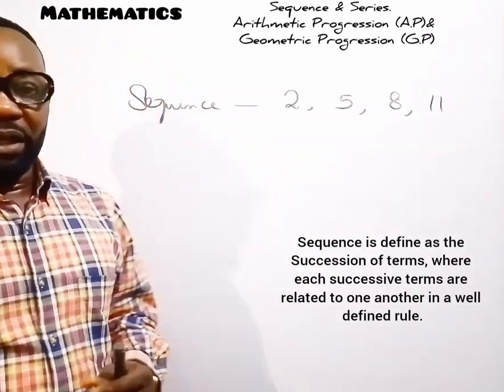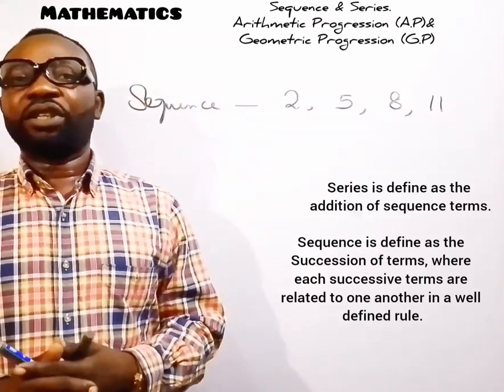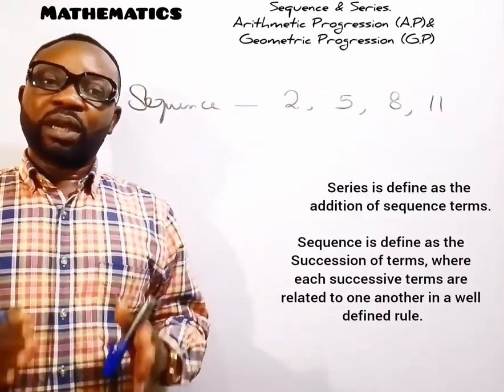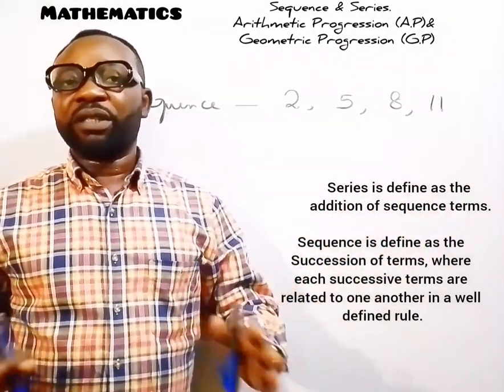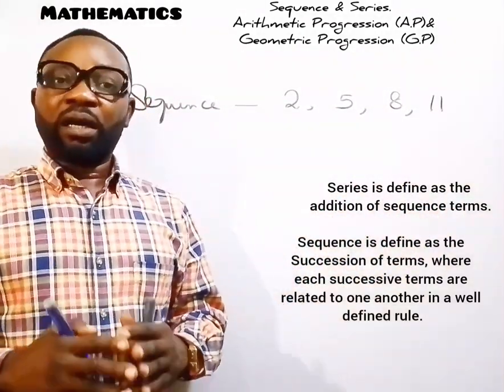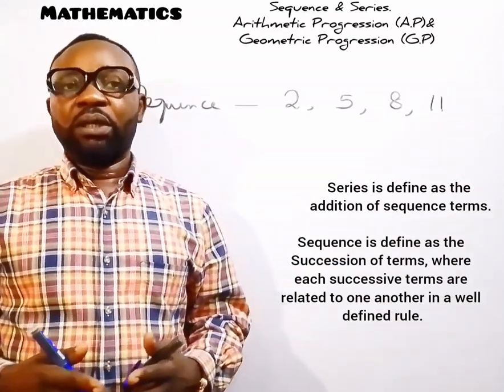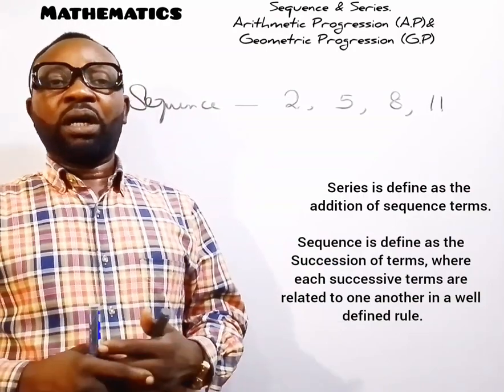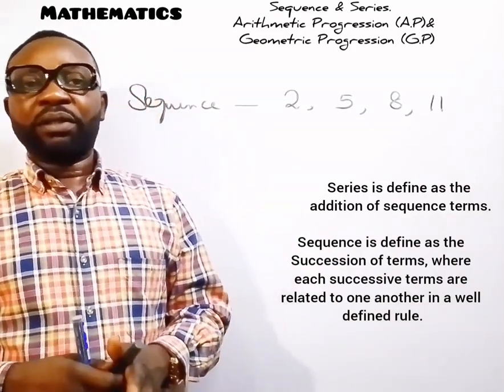That is how we define sequence. Now, what is meant by series? Series is the addition of sequence terms. Whatever terms are given to us as the terms of a sequence, when we add them together, we call such an arrangement a series.